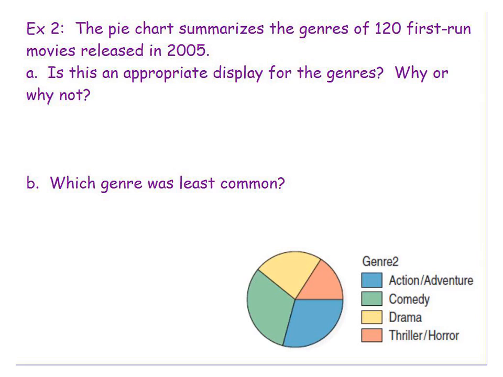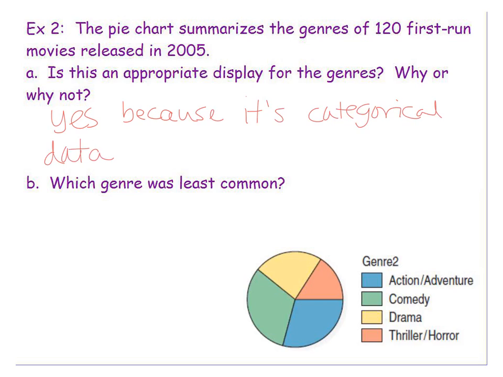Is this an appropriate display for the genres? Why or why not? Well, is it an appropriate display? Absolutely yes. And why is that? That's because these are categorical data. Now, there is one huge problem with this display.